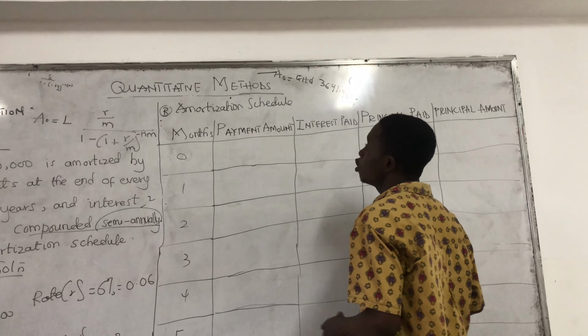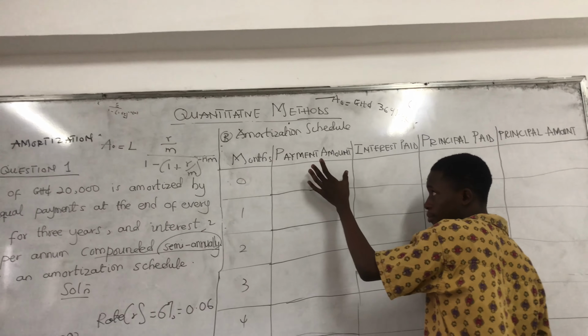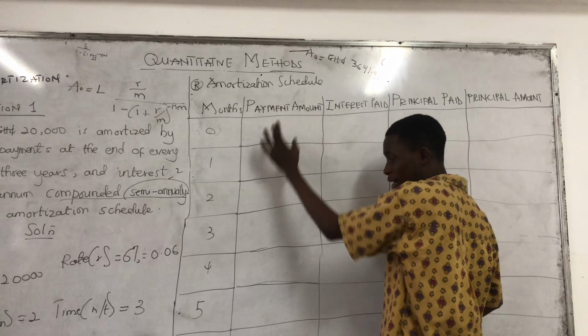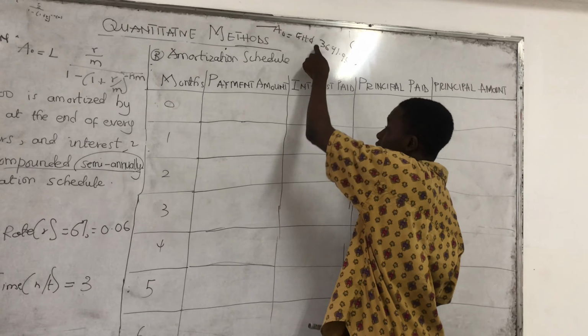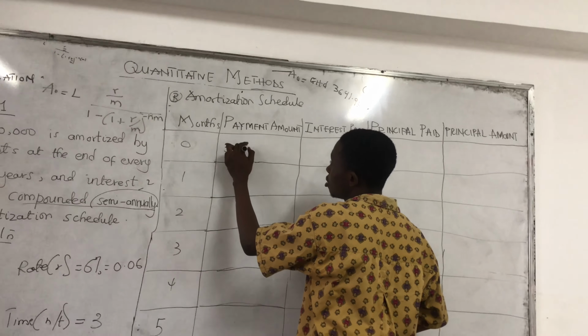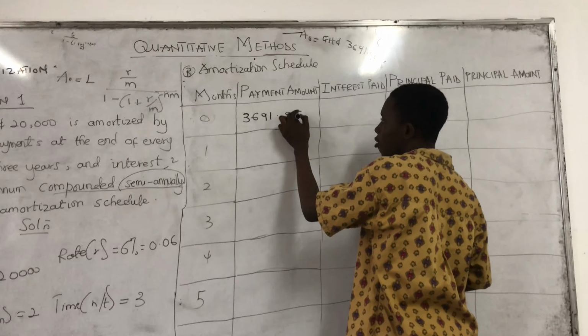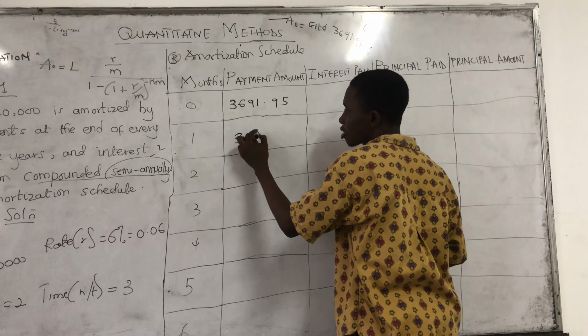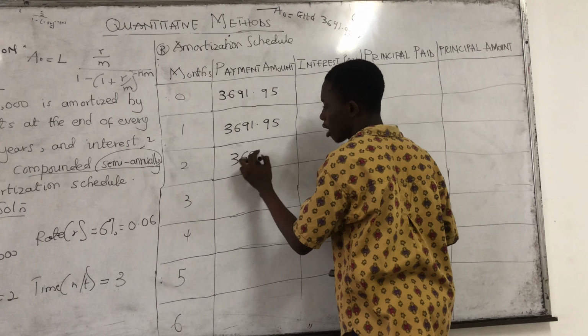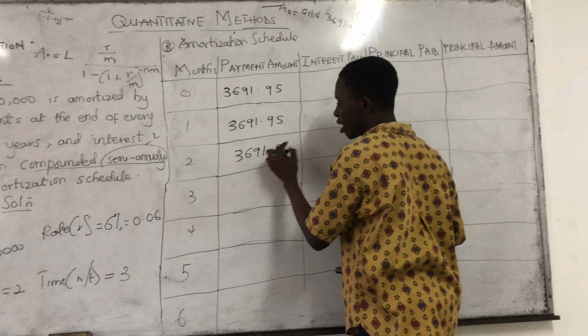So where the payment amount is indicated, we are going to fill the whole of that side with the amortization amount, 3691.95.